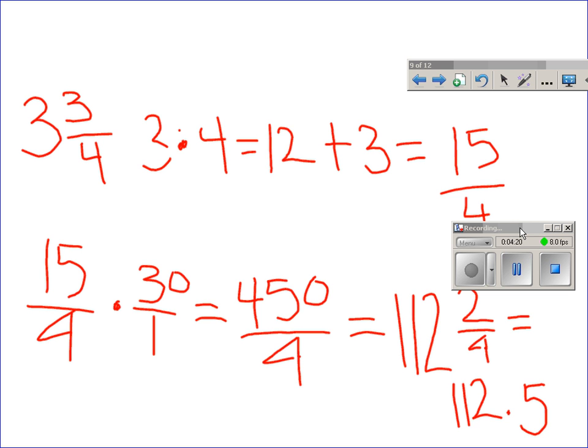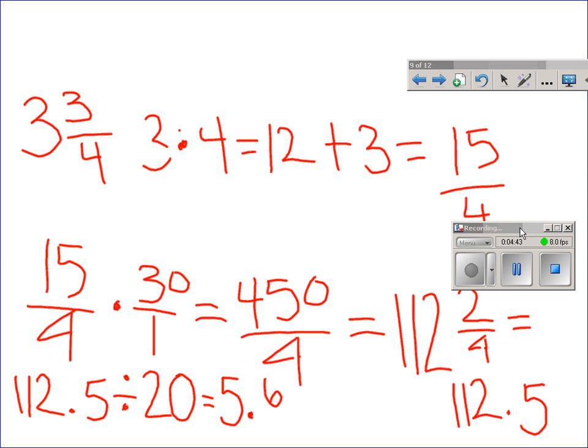You then divide 112.5 by 20, which would get you 5.625.